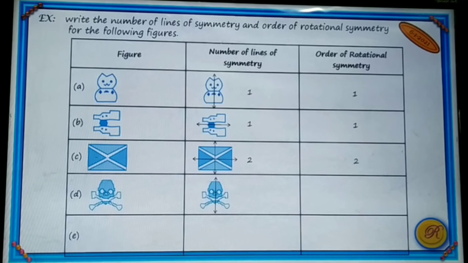Order of rotational symmetry 1. For figure E, number of lines of symmetry 0. Order of rotational symmetry 1.